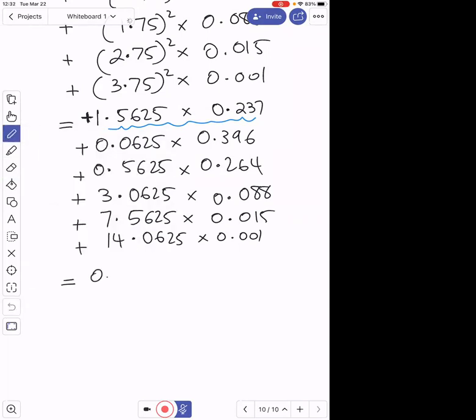So 0.37 plus, etc. You have the next multiplication, and so on. So plus, etc. And yeah, the final answer is, so this is equal to 0.9409.